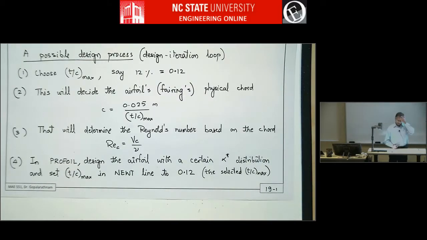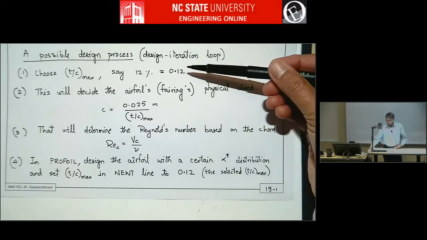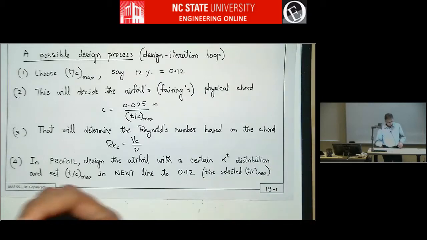In the Newt line, you can set the thickness to chord ratio. In this example, we have decided on 0.12, so you put 0.12 there.